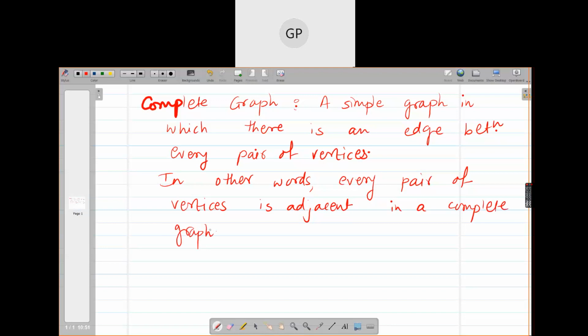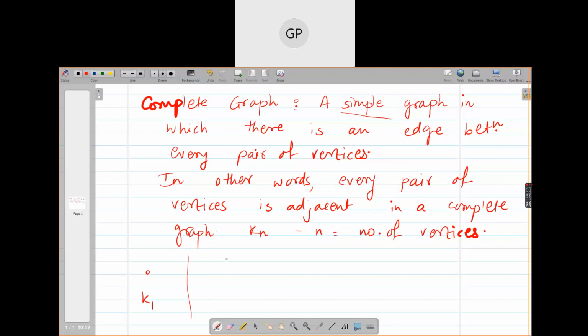Now, what is the consequence of this? We had seen that it is denoted by Kn. N is the number of vertices. K stands for complete graph, though complete spells with C, we are denoting it by K. When you have K1, it is simply a null graph because we are sticking to simple graph, so we cannot draw any loop around the single vertex.